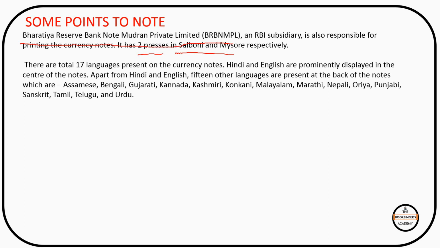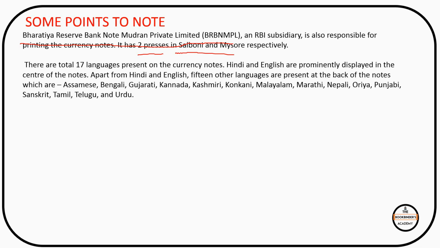Next, there are 17 languages that are printed on the currency note, out of which 2 are Hindi and English, which are the main languages. But other than these main languages, there are 15 other languages: Assamese, Bengali, Gujarati, Kannada, Kashmiri, Konkani, Malayalam, Marathi, Nepali, Oriya, Punjabi, Sanskrit, Tamil, Telugu and Urdu.